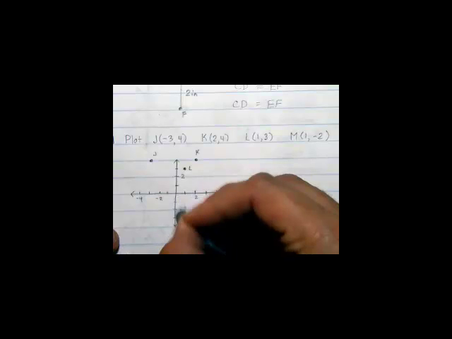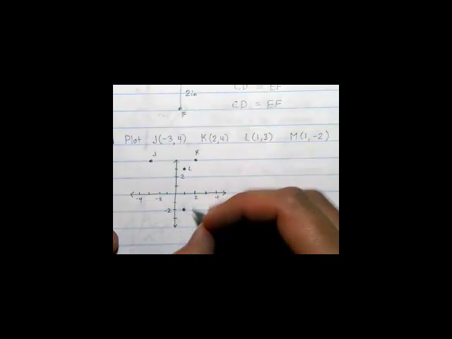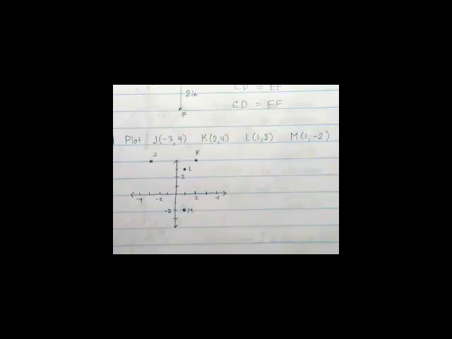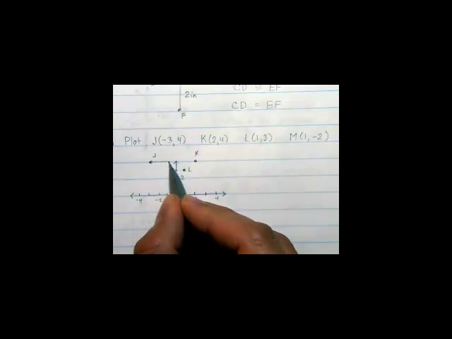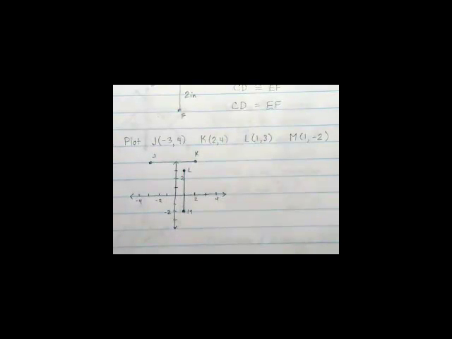So that's going to get in the way there. So right down there, that's M. Okay, so there are 4 points. And so we're going to try and figure out if JK and LM are congruent.